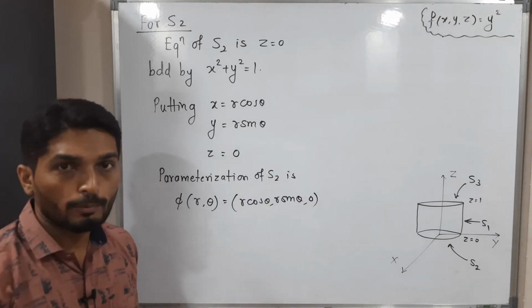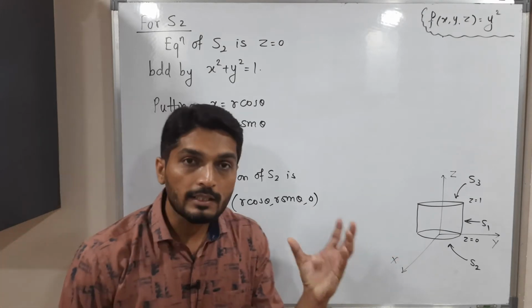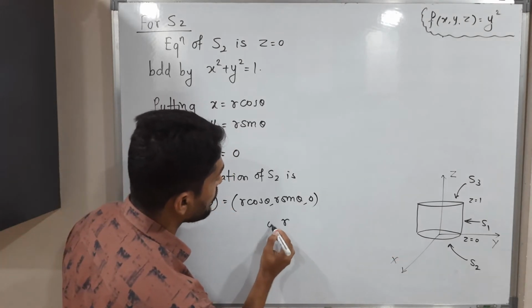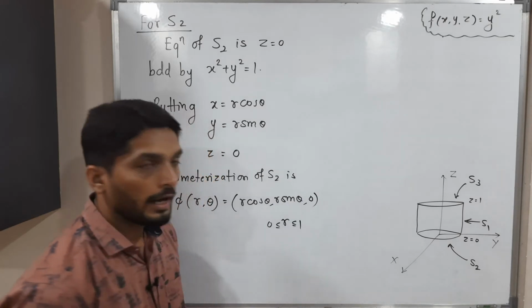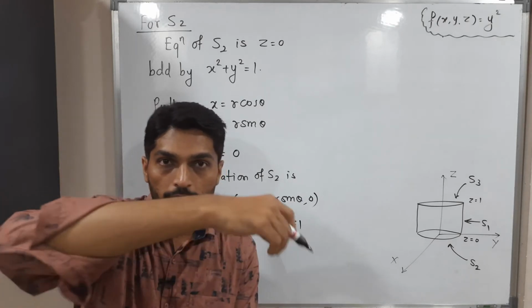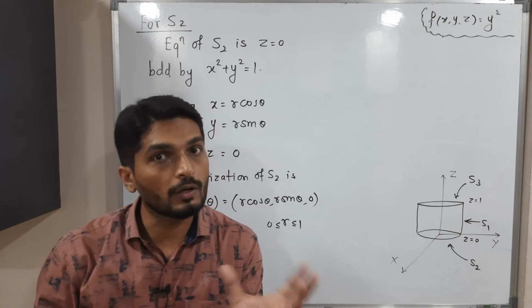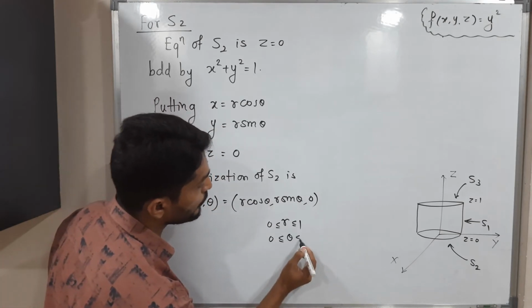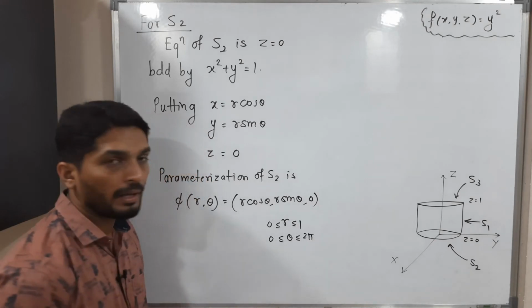So let us talk about limits now. We have a circle with radius 1, so r will vary from 0 to 1. And we have to rotate that radius by 360 degrees to cover a complete circle, so theta should vary from 0 to 2 pi. In this way we got a parameterization.